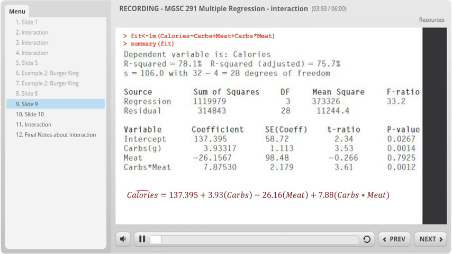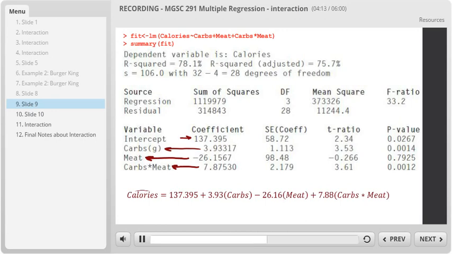Using the coefficients, we see that the intercept of our model is 137.395. The coefficient of the carbs term is 3.93. The coefficient of the meat term is negative 26.16. And the coefficient of the interaction term is 7.88.